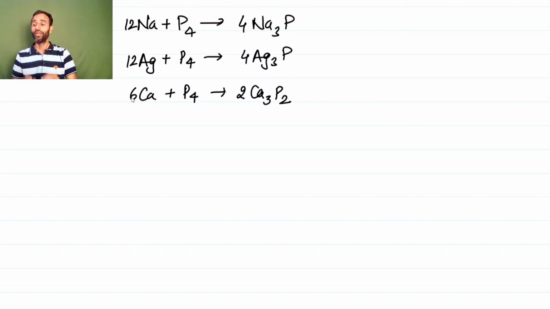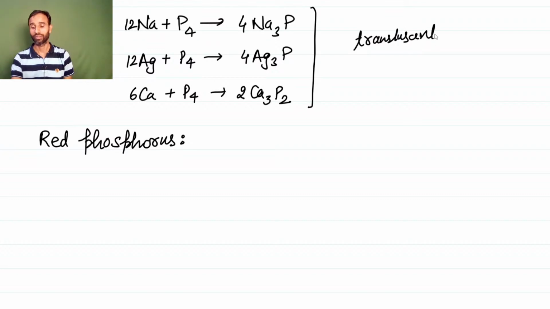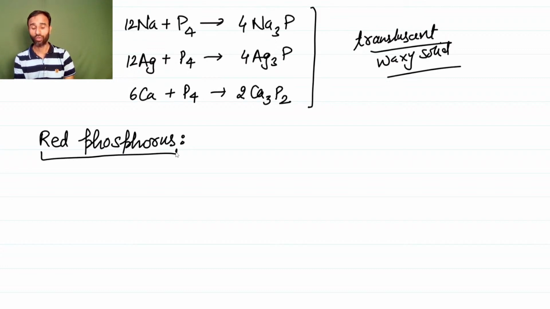Right? Now come to the next part, that is red phosphorus. Physically white phosphorus is a translucent waxy solid, but in red phosphorus, there is a linear chain of P4 units.